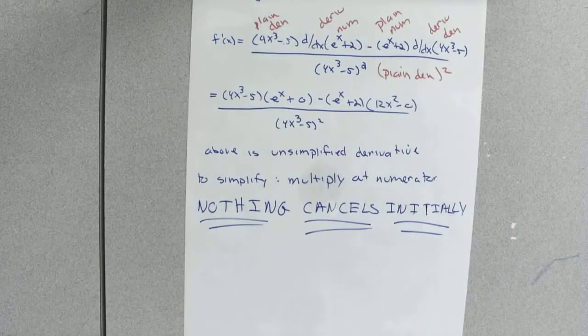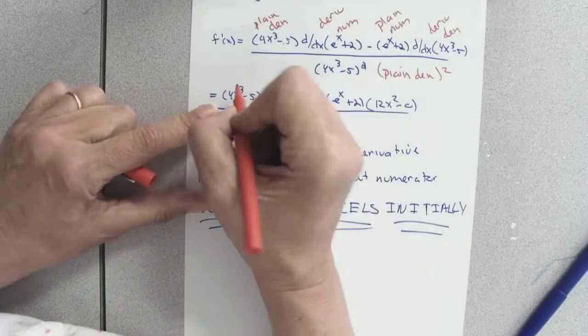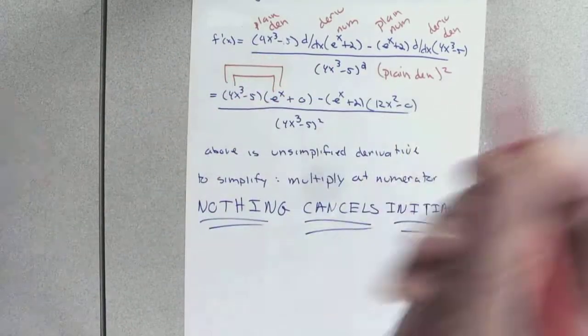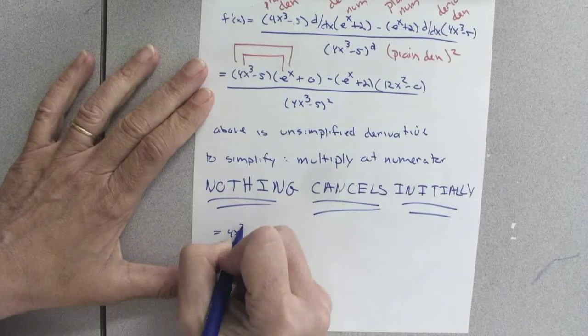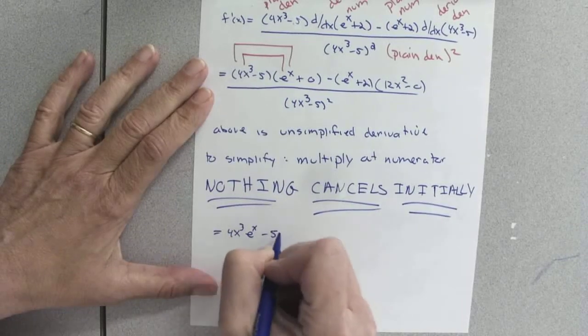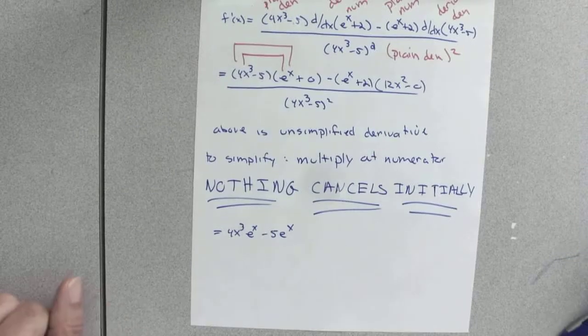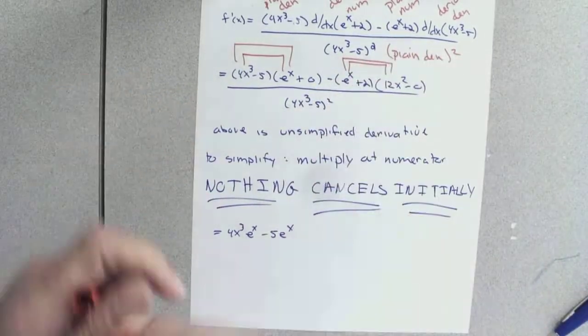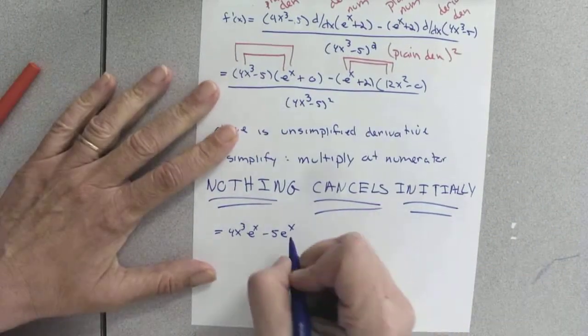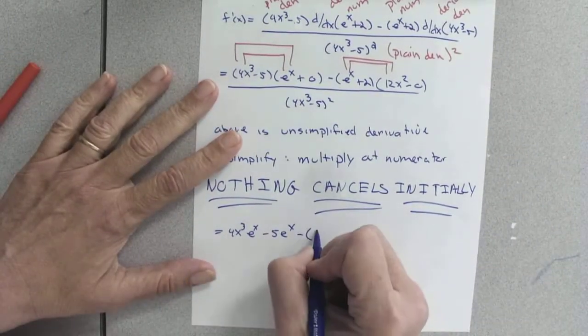In 99% of the quotient rule problems, the way you're going to simplify is what I've said there. Multiply out the numerator and then see what happens. Okay, so multiplying out the numerator, I of course don't need that 0 there. And so I'm going to get 4x cubed e to the x minus 5 e to the x. Same thing there, multiply out the numerator. Be careful with that minus sign.